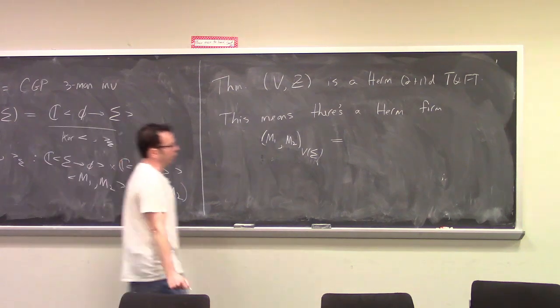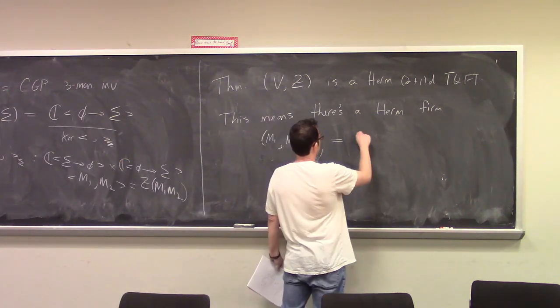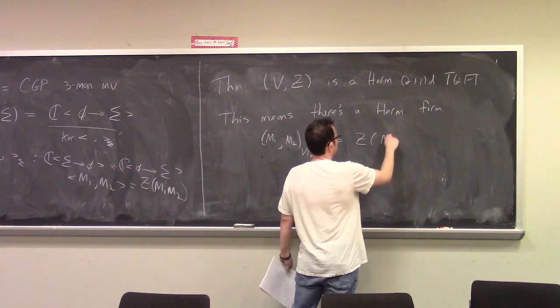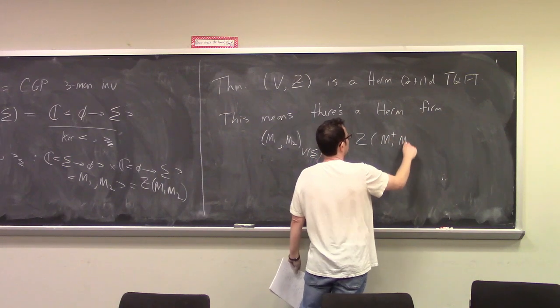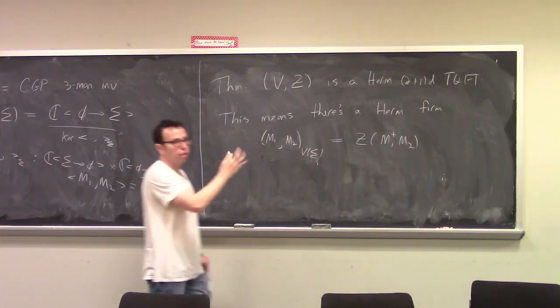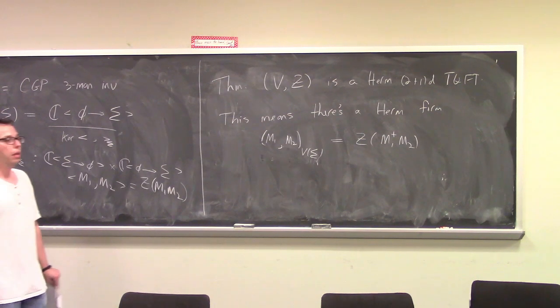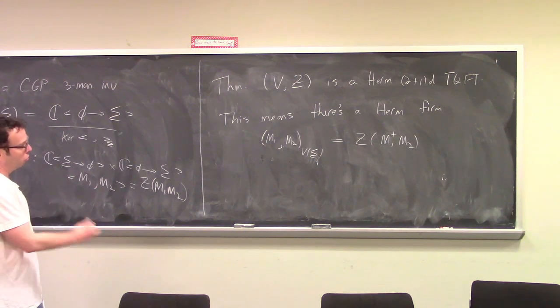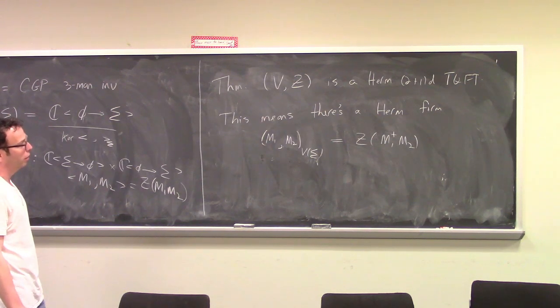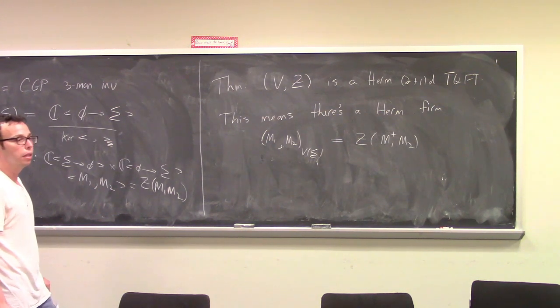But with this dagger structure, I can. So this is equal to Z of M1 dagger M2, because the dagger exchanges the source and target. They glue properly, you get a closed three manifold, you can take the CGP invariant. Okay, so this is a bilinear pairing. You could prove that this is Hermitian.